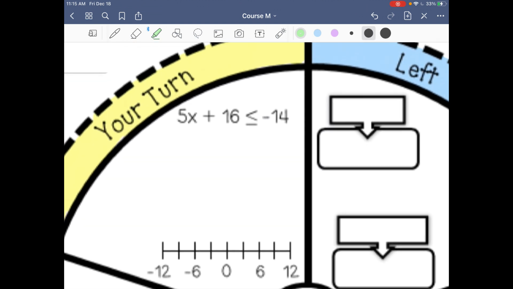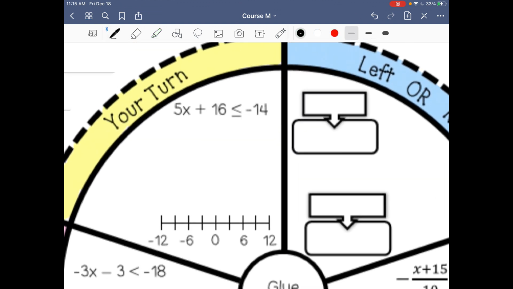Okay, your turn. We have power T, variable, and constant. I'm going to move the 16. Cancel. 5x, negative 30.